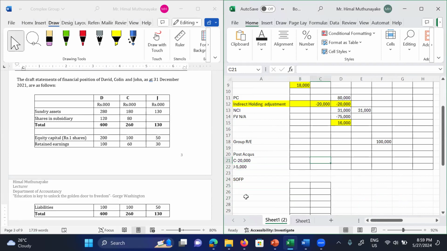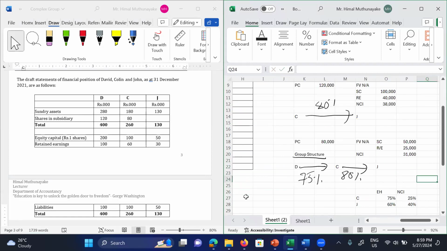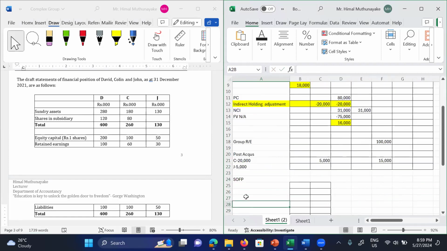Out of 20,000, 75% is allocated to the group retained earnings, that means 15,000, and the other 5,000 you need to allocate to the NCI of company C. For company J, you need to use the effective holding. 60% is allocated to the group retained earnings, out of these 5,000, that means 3,000 is allocated to the group retained earnings, and you need to allocate 2,000 to the NCI.